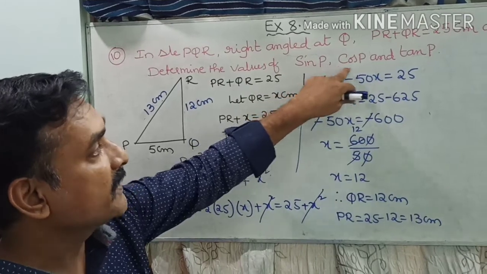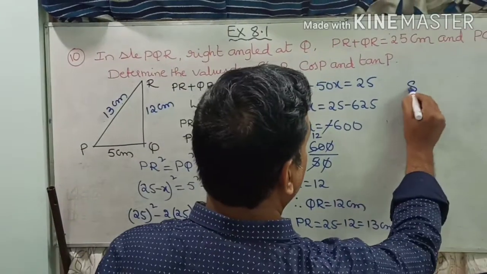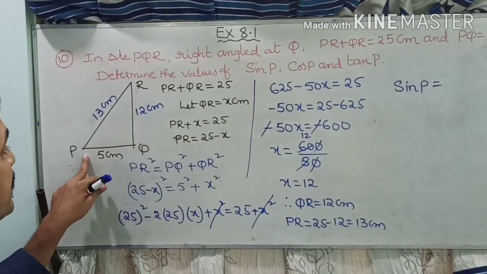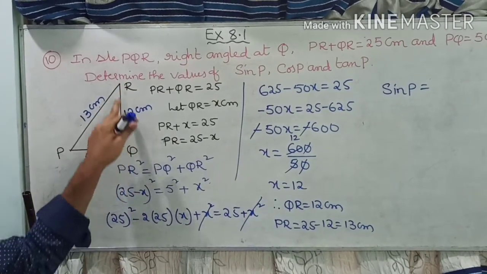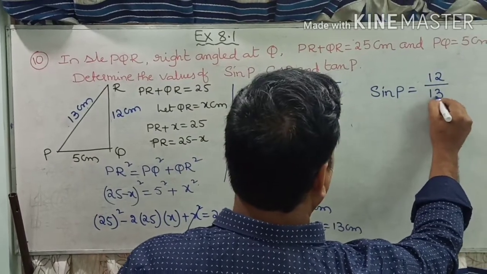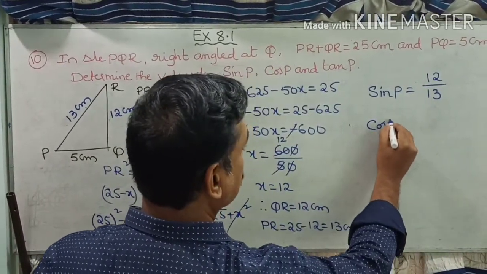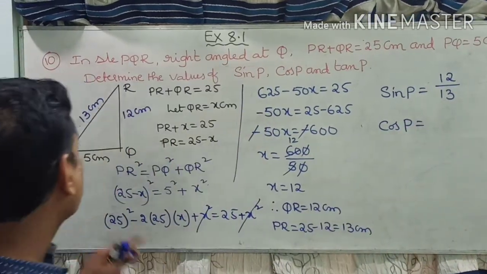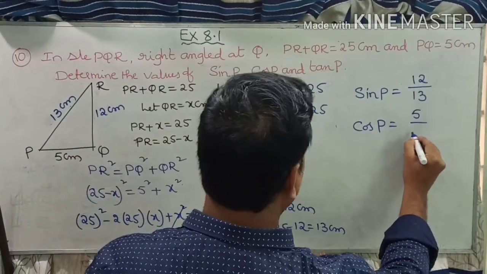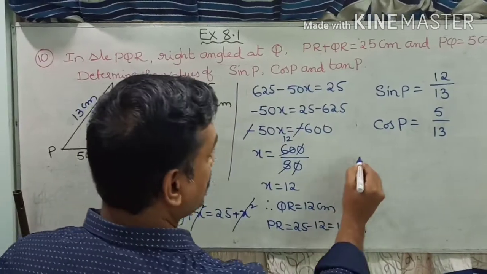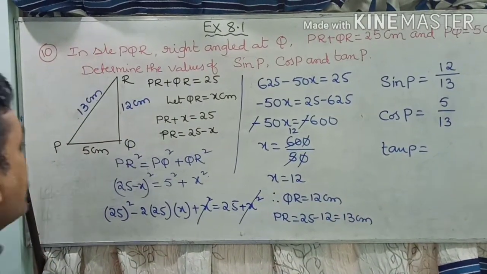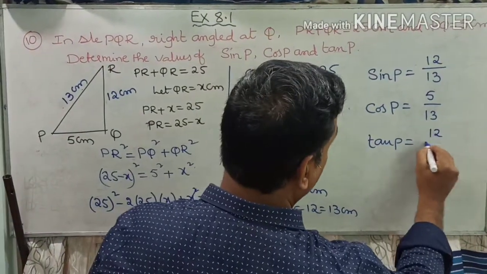Sin P, cos P and tan P. So sin P. Sin theta equals opposite side by hypotenuse, so 12 by 13. Cos P equals adjacent side by hypotenuse, 5 by 13, and tan P equals opposite side by adjacent side, 12 by 5.